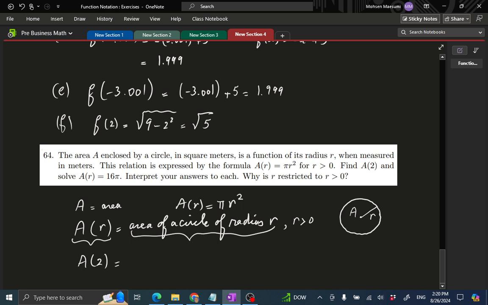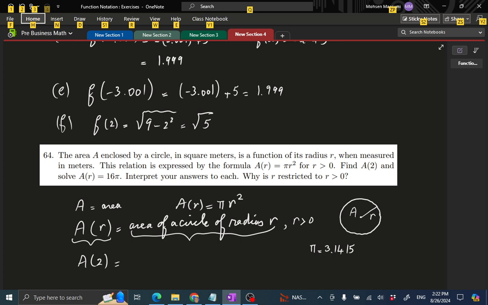Area of a circle is pi r squared, and pi is that famous number that has been there from the dawn of humanity, 3.1415, 3.14159265 and so on.